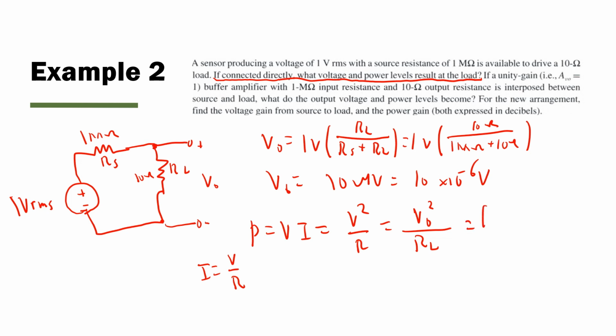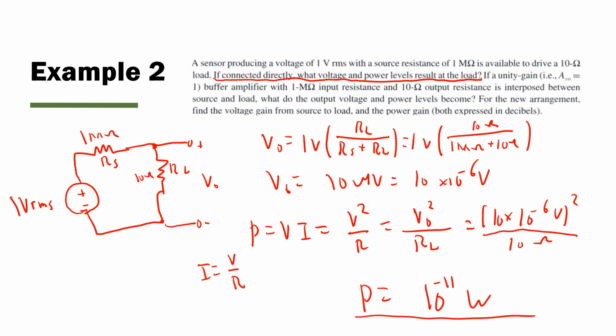So this is equal to 10 times 10 to the negative 6 volts squared divided by 10 ohms. So I get the power level to be 10 to the negative 11 watts. So very low power, very low output voltage. Let's continue solving the rest of the problem and see how the answers change once we add an amplifier.